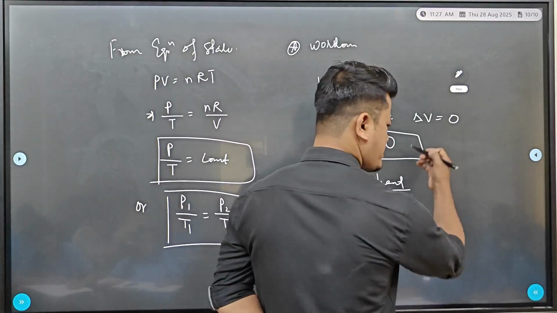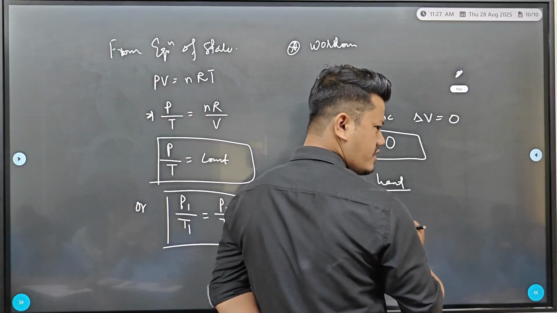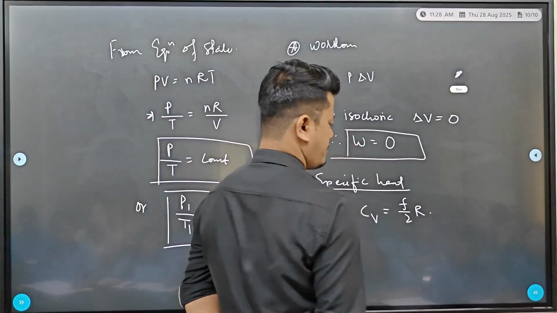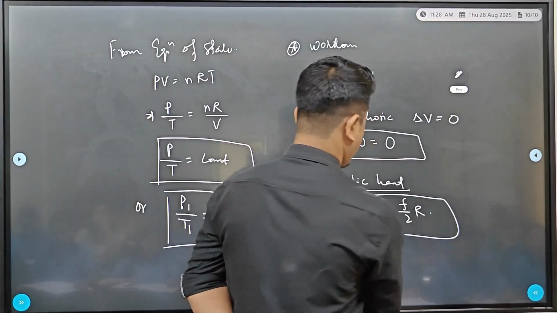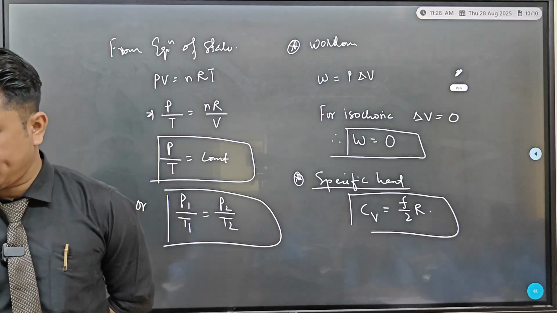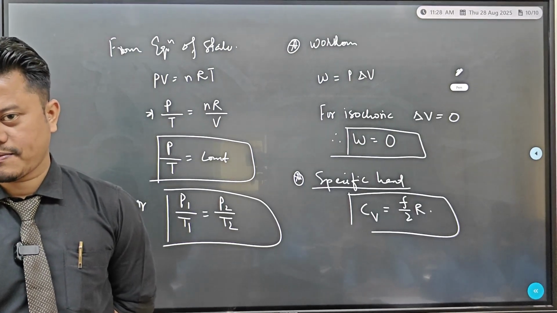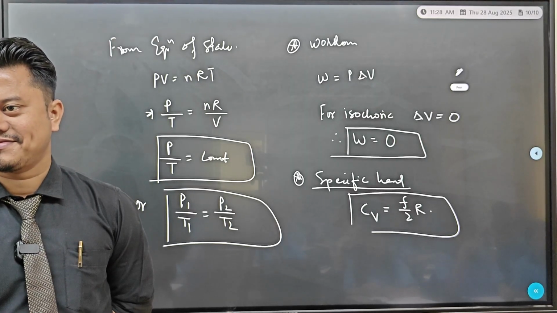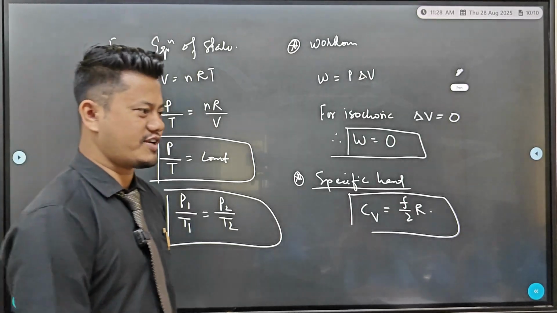And what was the expression of CV? F by 2 R. Very good. For CP, it is (F by 2 plus 1) into R. Don't forget all this.